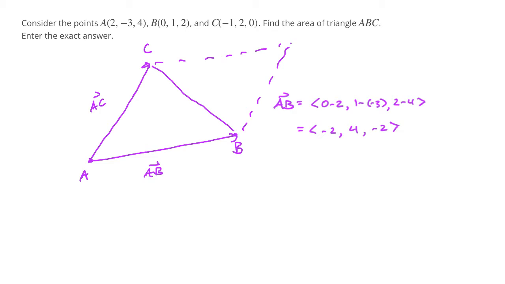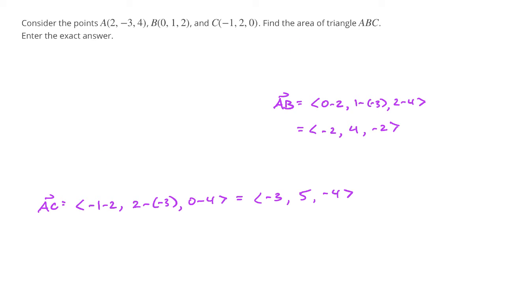If we do the same thing for our vector from A to C, ending point minus beginning point, we have 1 minus 2, 2 minus a negative 3, and 0 minus 4. And so this will give us a vector negative 3, 5, and negative 4.